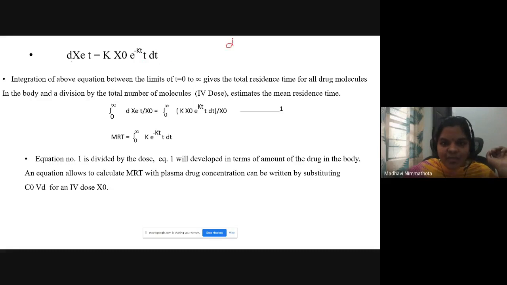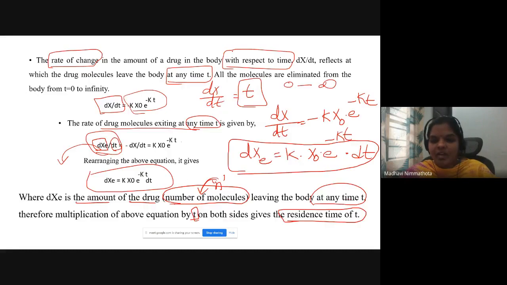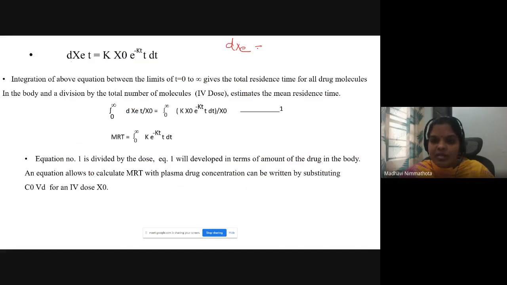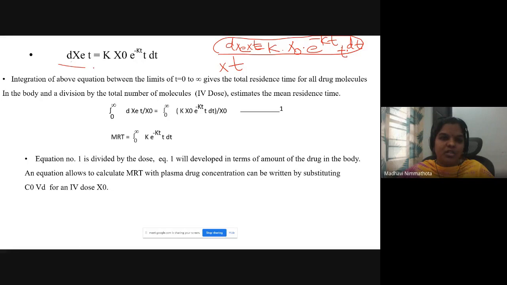Previously our equation is dXe equals k into X naught into e to the power of minus kt into dt. Now we are multiplying this equation with t, giving dXe into t equals k X naught e to the power of minus kt, small t, into dt.